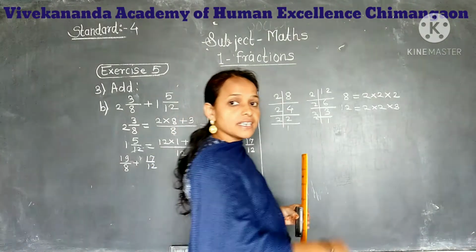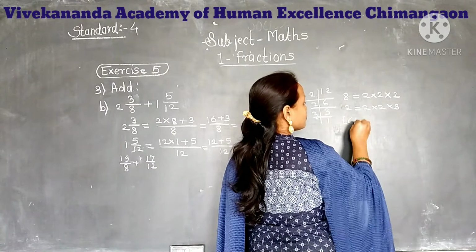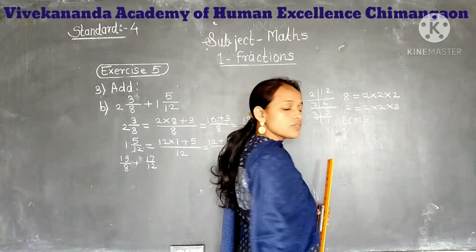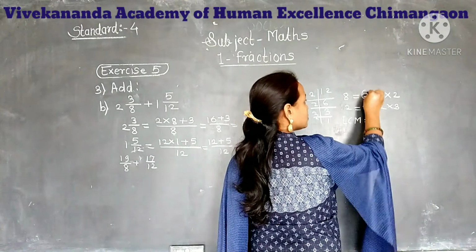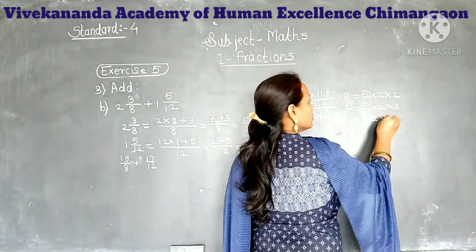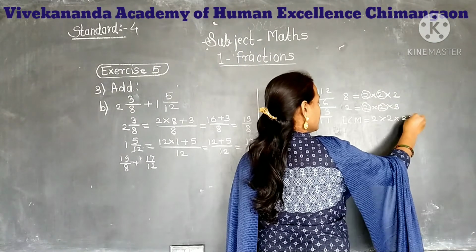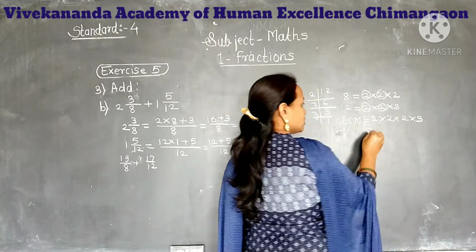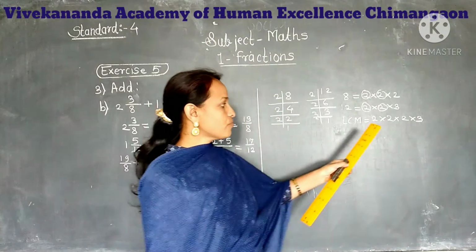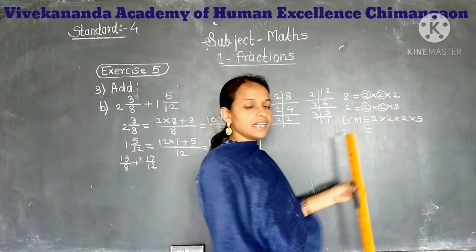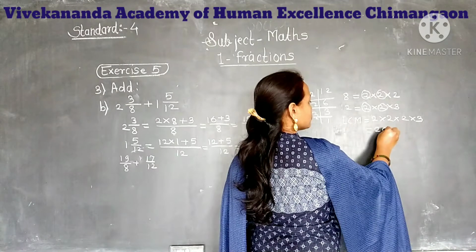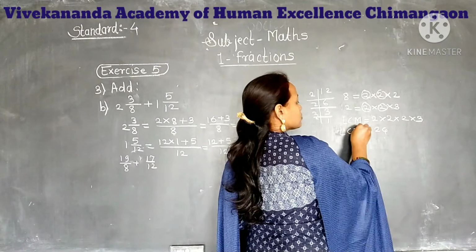Now we find its LCM. So first we find the common factor: 2 into 2 into, and these are uncommon. We multiply 2 2s are 4, 4 2s are 8, 8 3s are 24.